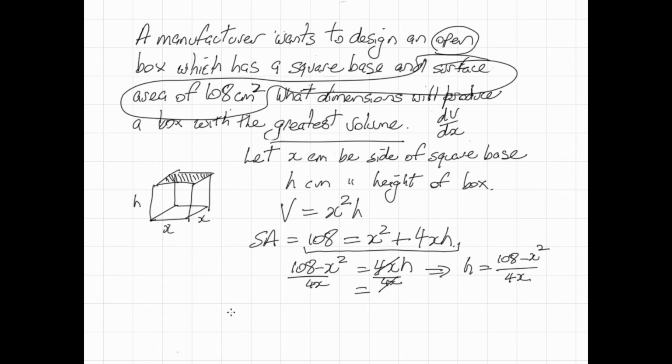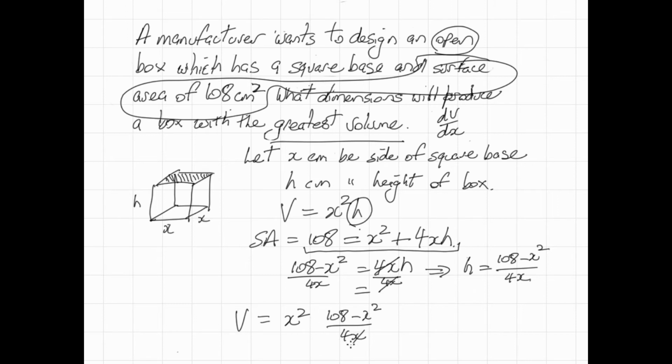So that'll give us the volume equals x squared. Now instead of that h here, we can substitute in 108 minus x squared all over 4x. That x will cancel with that. That's connected to the top by a multiplier.